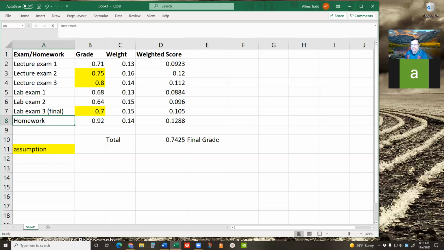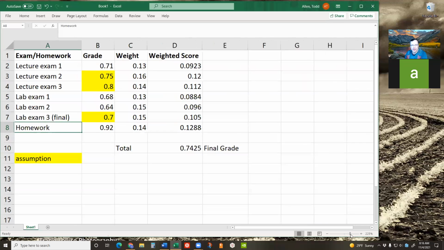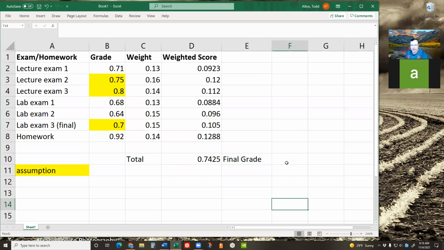Okay, so do you have any questions about the process that was shared with you here today? This is how I will calculate your grade at the end of the semester.